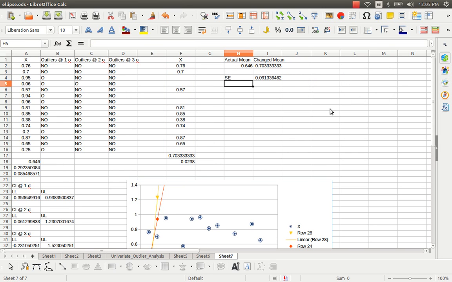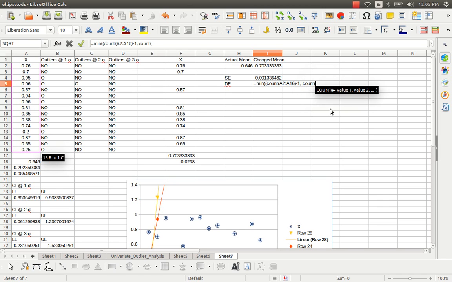the variance. Now the degrees of freedom is going to be the minimum of n minus 1, where n means sample size, for the first sample, or the count of the second sample minus 1, whichever is minimum. I think we made a mistake.